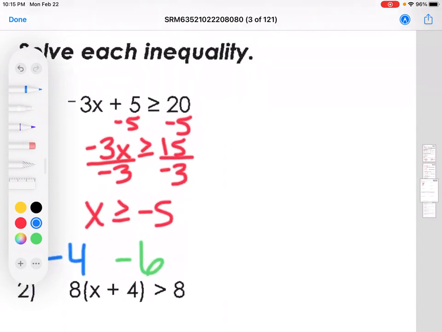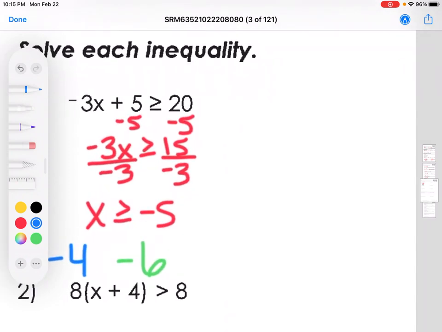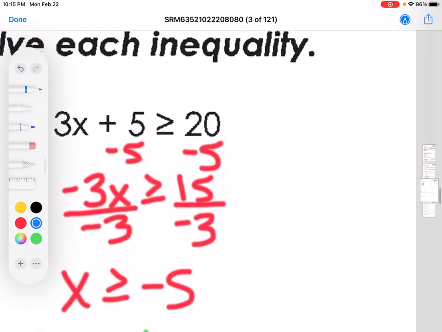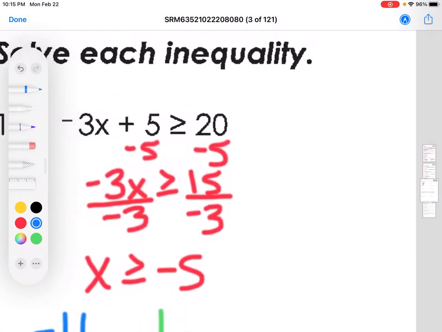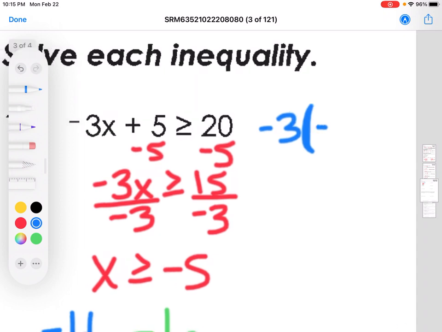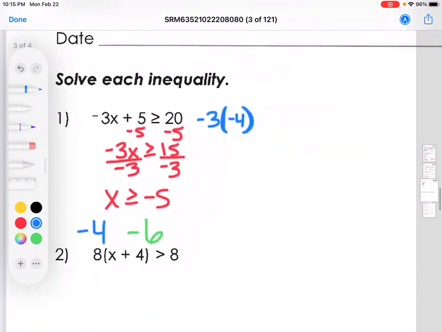So let's check negative 4. So it says x is greater than or equal to negative 5. So negative 4 would be greater than. So to check it, I just plug in that number. So negative 3 times negative 4 plus 5 is greater than or equal to 20.